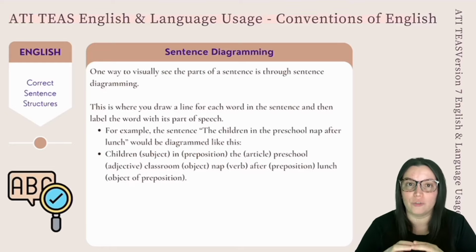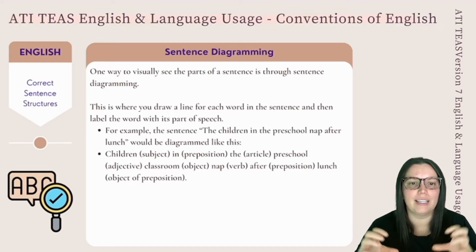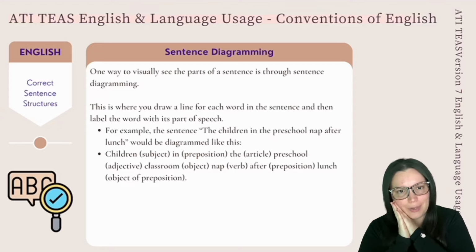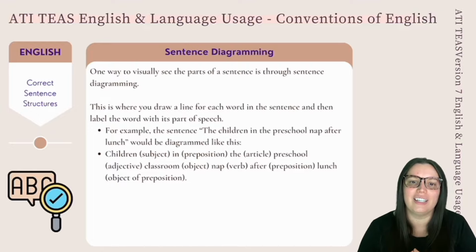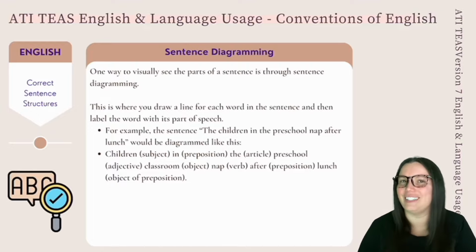Children is our subject. In is the preposition. The is the article. Preschool is the adjective. Classroom is our object. Nap is our verb. It's what they're doing. They're napping. After is our preposition. And lunch is the object of the preposition.